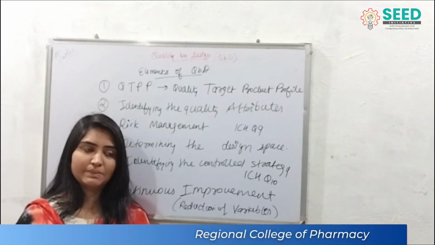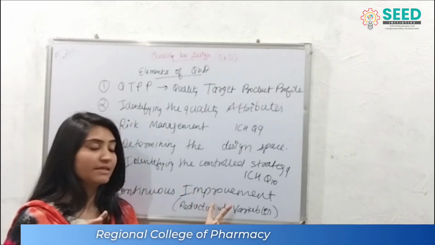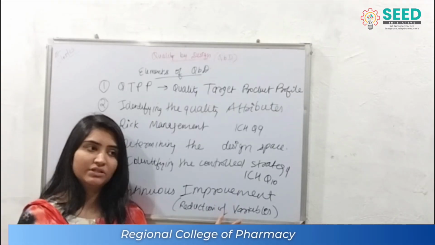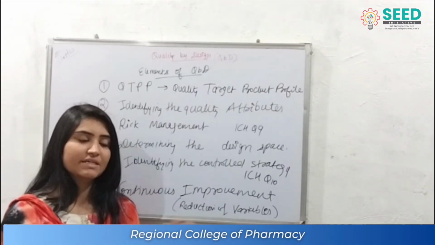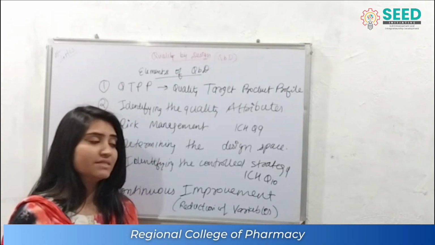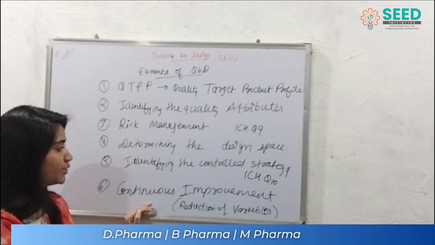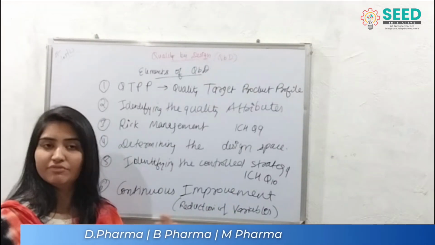That change is not acceptable. The only change which is acceptable is the improved quality. Otherwise, it does not have to be changed, it has to be the same. If it changes for the worse, that means there is no improvement, it is decreasing the quality. So continuous improvement is the reduction of variables.